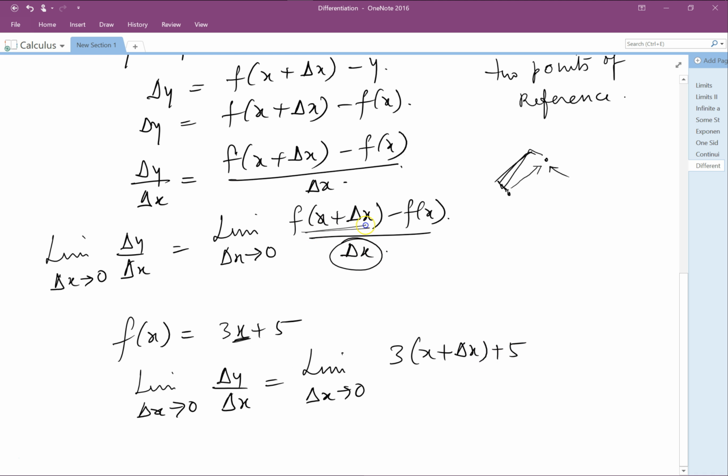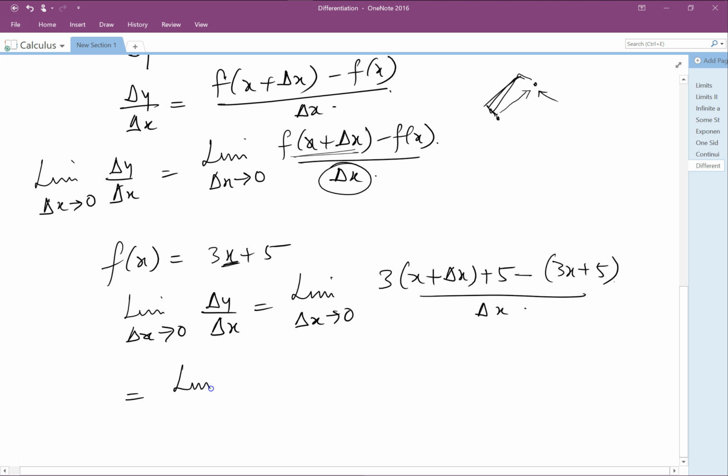Yes, that is this part. And now minus 3x plus 5 divided by delta x. Limit as delta x approaches 0, 3x plus 3 delta x plus 5 minus 3x minus 5 by delta x.